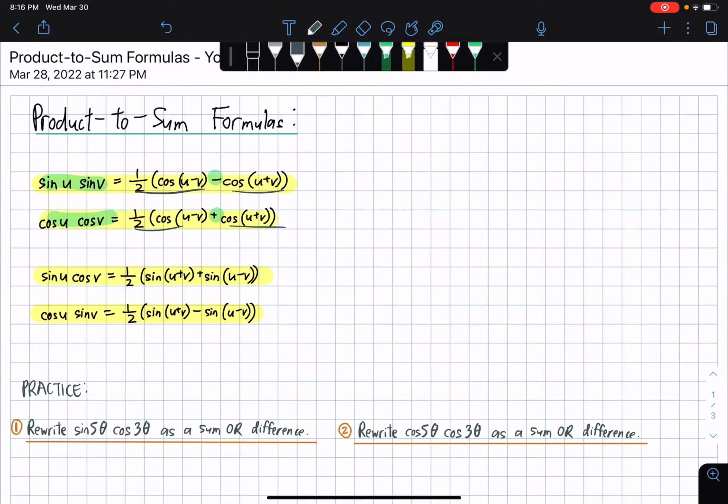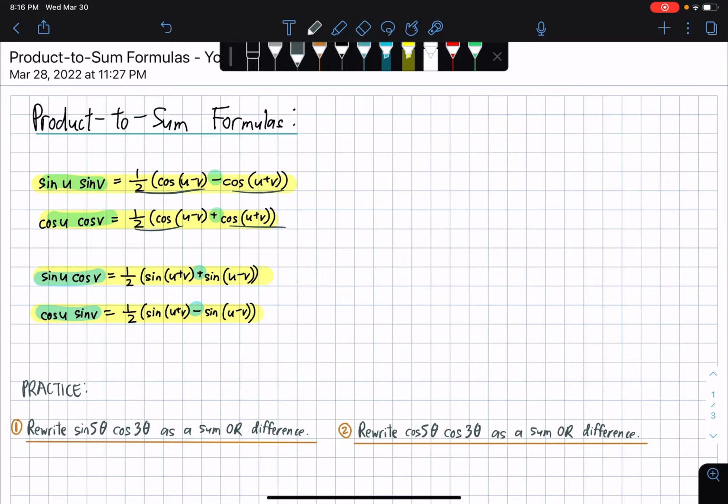These are the two formulas. As for the other two, sine u cos v and cos u sine v: for sine cos, there would be a plus sign, and for cos sine, there will be a minus sign.